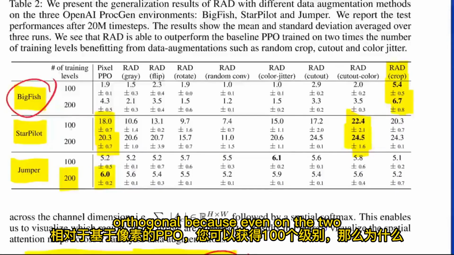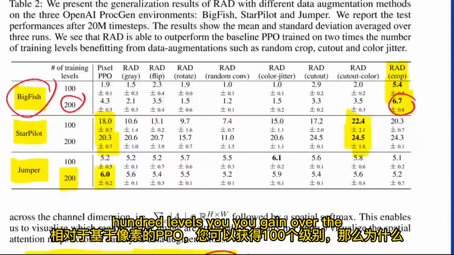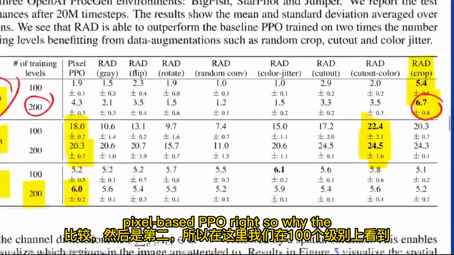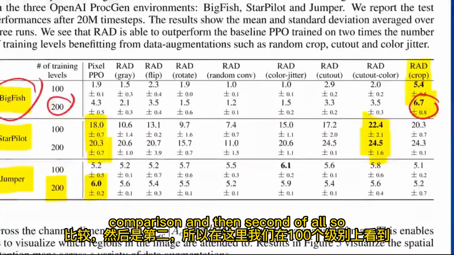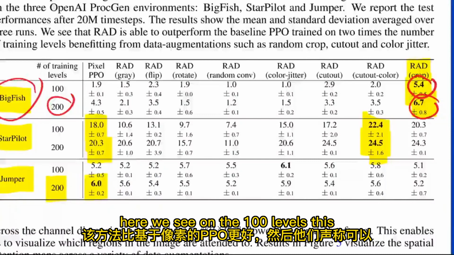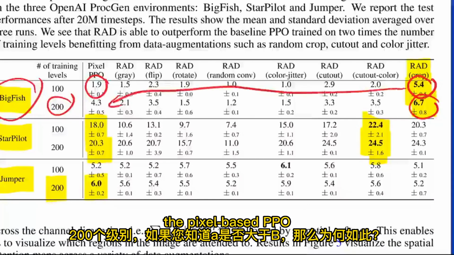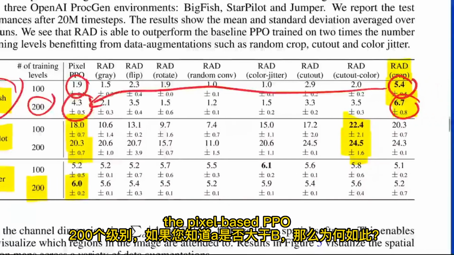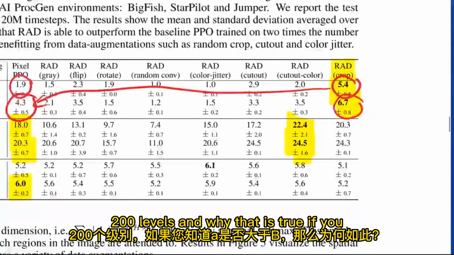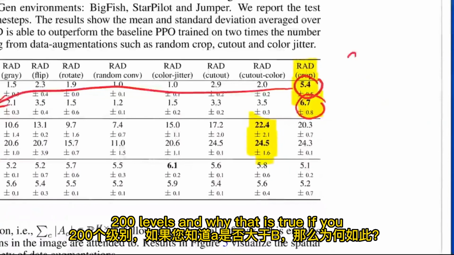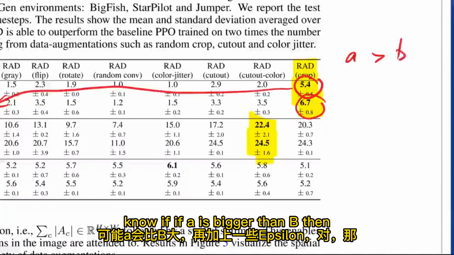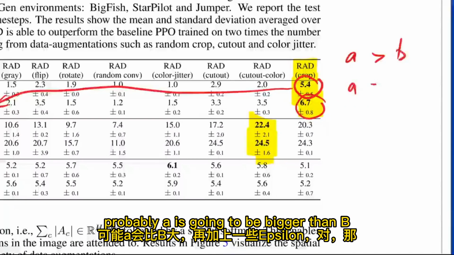In fact, they are probably orthogonal, because even on the 200 levels, you gain over the pixel-based PPO, right? So why the comparison? And then second of all, here we see on the 100 levels, this method is better than the pixel-based PPO. And then they claim that they are even better on 100 levels than the pixel-based PPO on 200 levels. And why that is true: if A is bigger than B, then probably A is going to be bigger than B plus some epsilon.